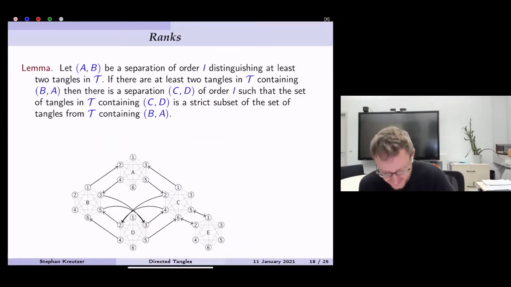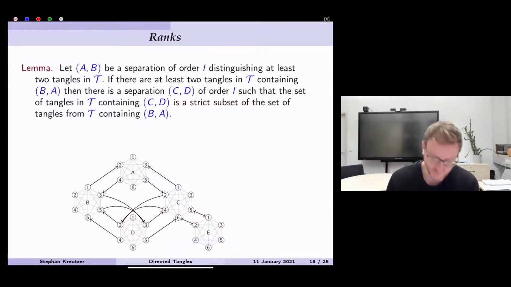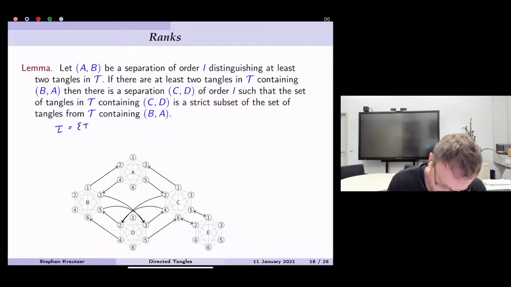And then this is essentially what the proof is doing. So let's say this is our set T, and it will be TA up to TE.